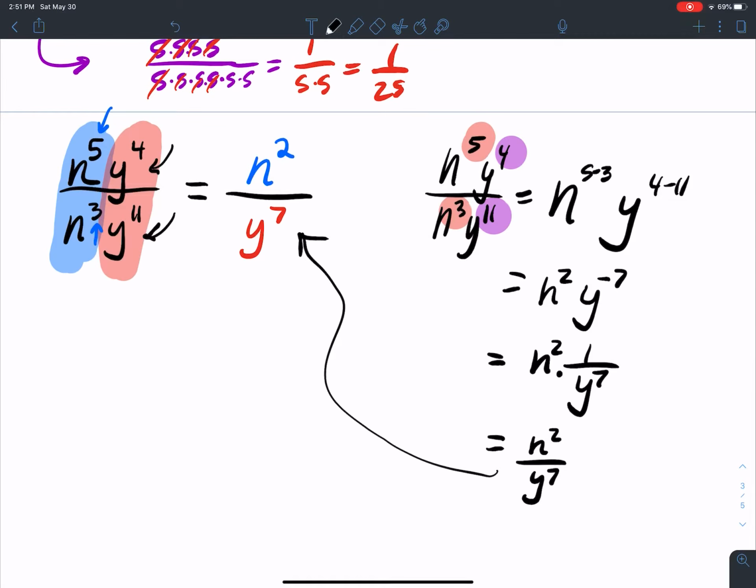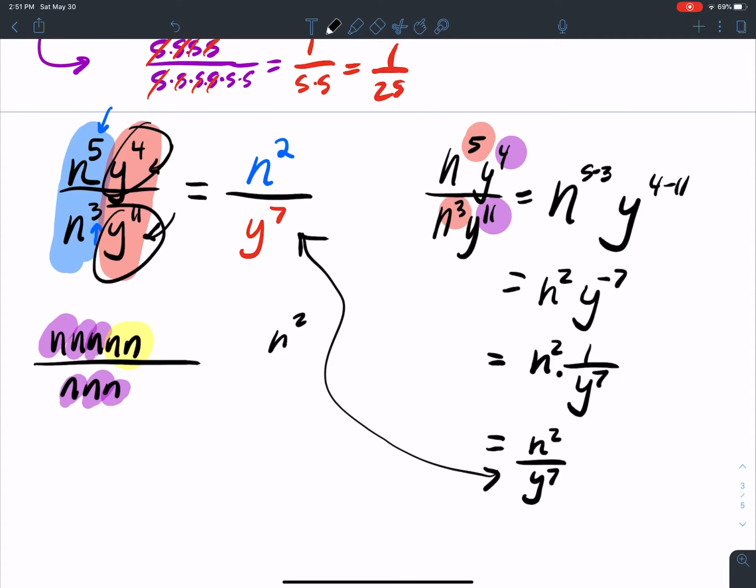Whichever way you like more, I like to think of it kind of like a game. If I've got 5 n's up top and 3 n's down low, obviously the 3 n's up top take out those 3 down low, so the top wins by 2, and I have n squared on top. Same thing with the y's.